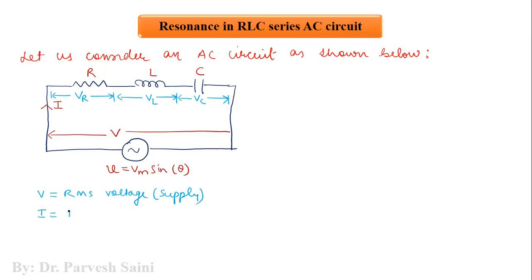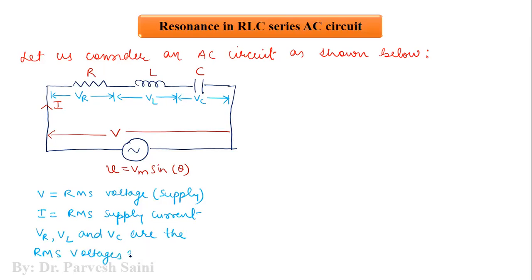I is the RMS supply current, and VR, VL, and VC are the RMS voltages across R, L, and C respectively.